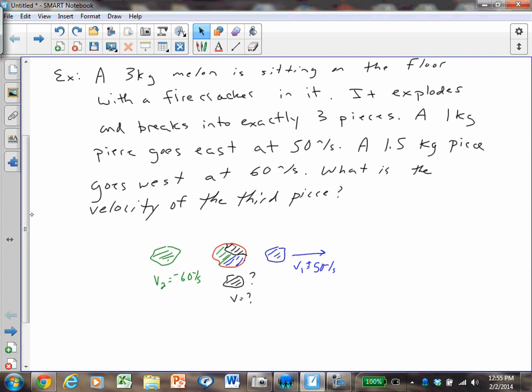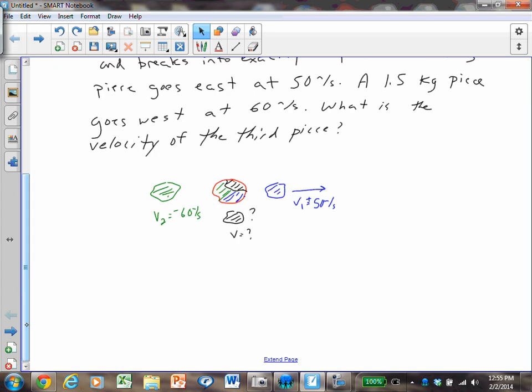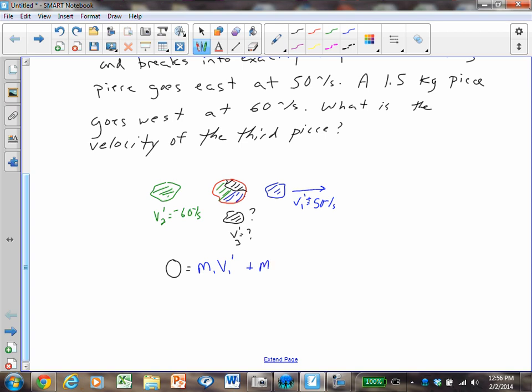Because the total momentum before the explosion is 0, it's going to be equal to the mass of the blue piece times its velocity, plus the mass and velocity of the second piece, plus the mass and velocity of the third piece.